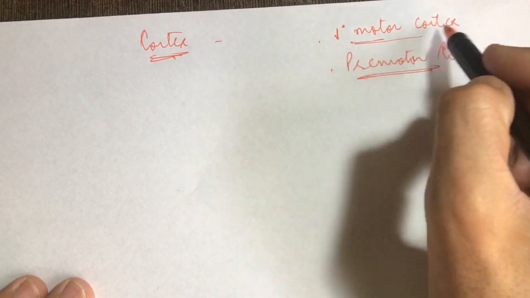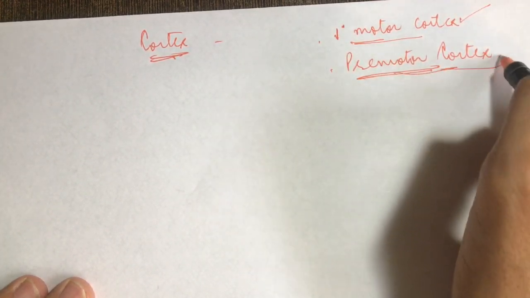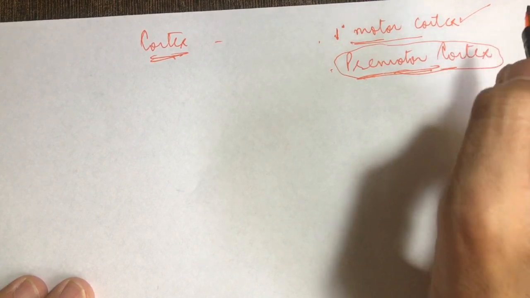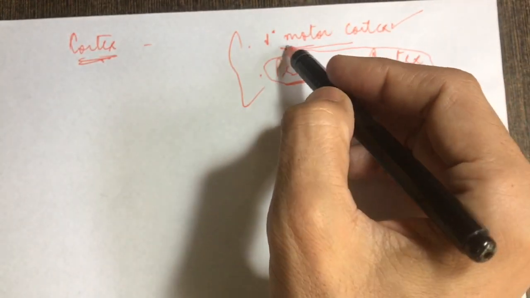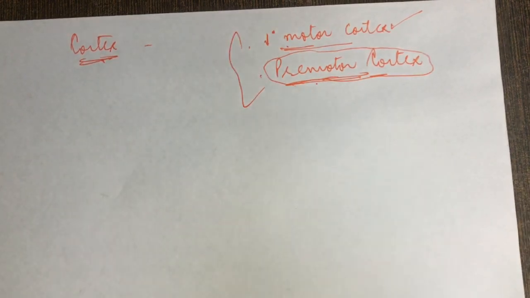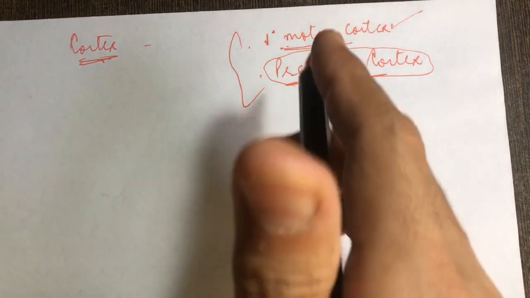We can say there is a single primary motor cortex, then several premotor cortices, and these have been given different names accordingly. And these areas, whether primary or premotor, there will also be the supplementary motor area that we will cover in a coming slide.